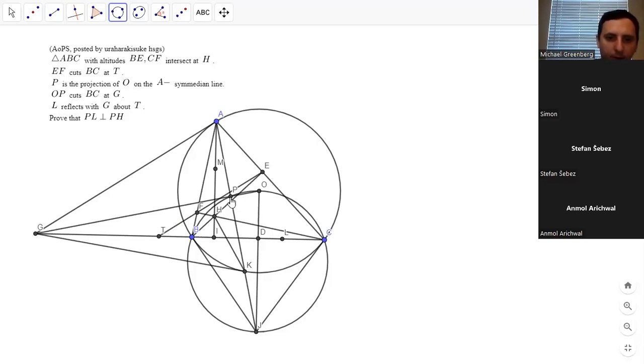Because we're working with point P. So yeah, I don't know if it helps to draw this circle right here. It should pass through the midpoints of AB, BC, and AC.